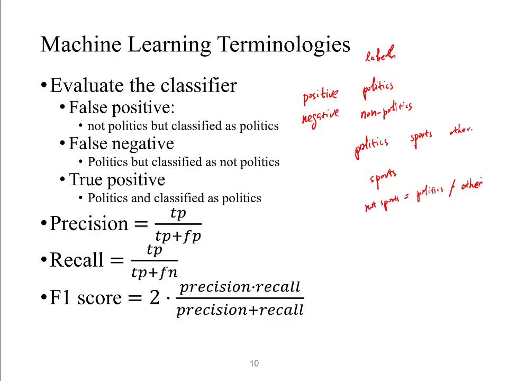And in this case, the precision and recall, which we will explain later, the precision here is the precision of sports, and the recall here would be the recall of sports. So apparently you would have a precision for politics as well, and for other as well, and the same as recall.